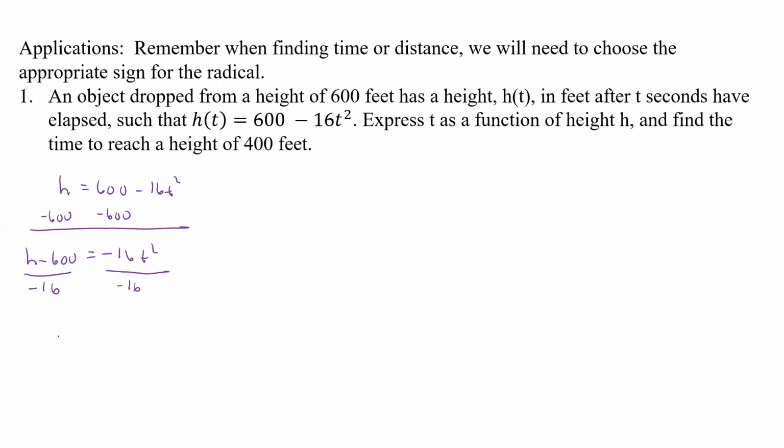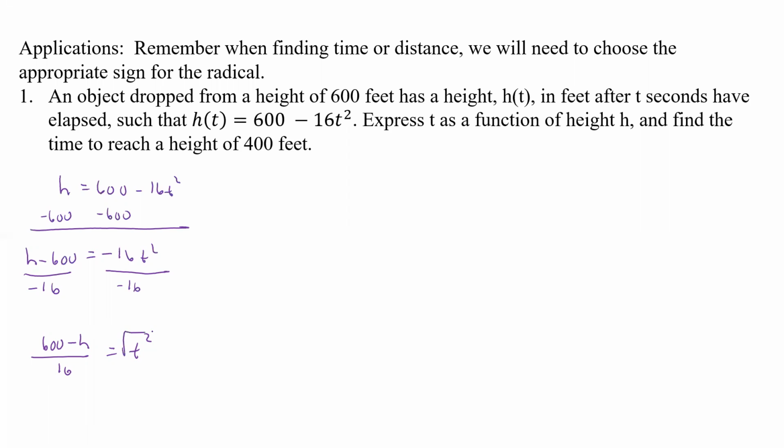And then we can do several things. We can say that's now equal to 600 minus h over 16 equals t squared, or we could leave it as it is. That way we have our positive out in front, and that's kind of how we have it here.